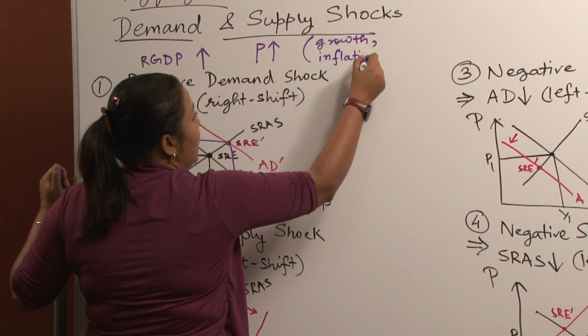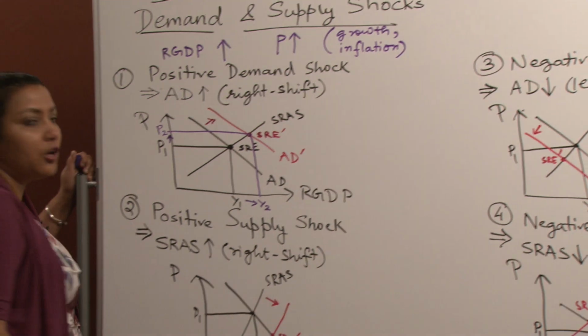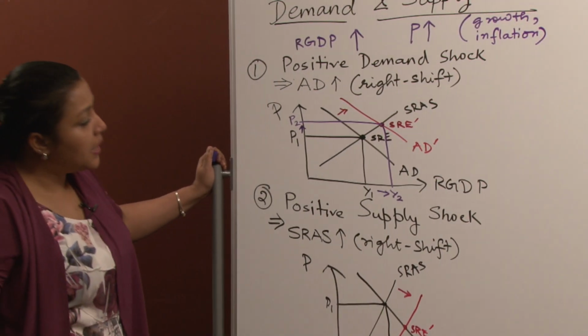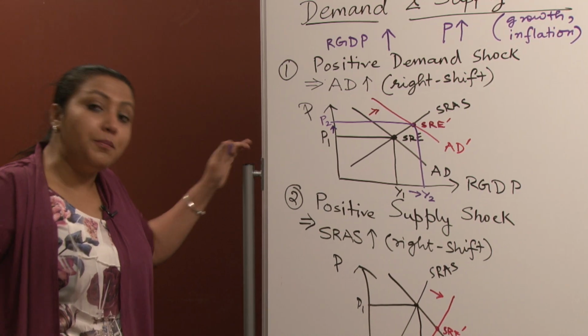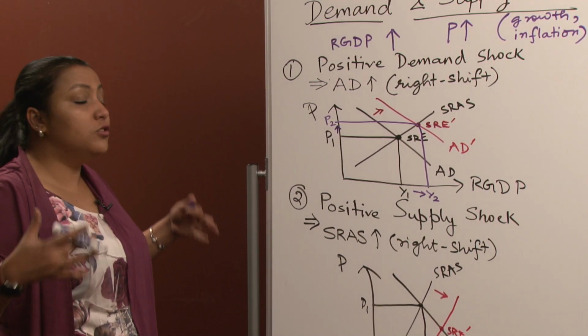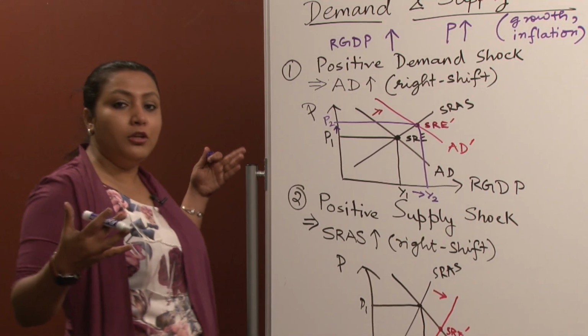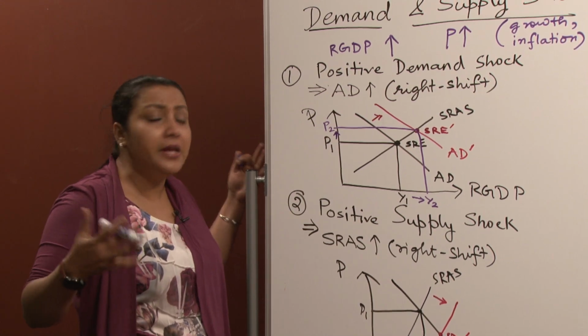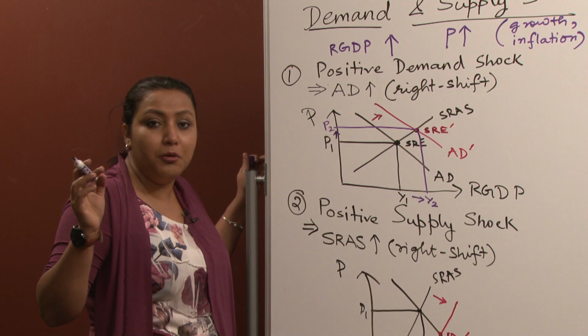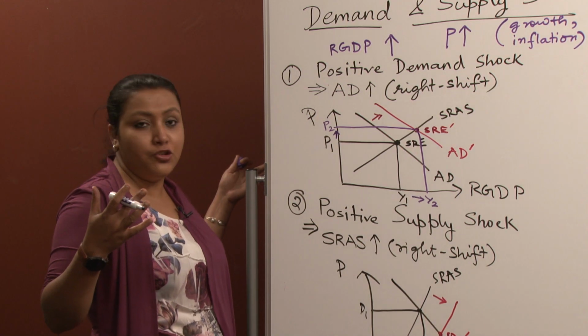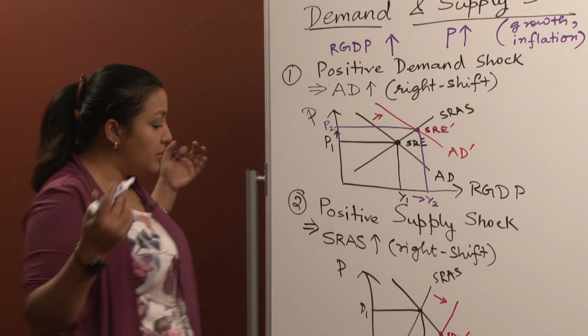So one good thing, one desirable thing is happening for the economy, which is growth, and something which is not as desirable, which is inflation. So it's a positive demand shock which is causing one desirable impact on the economy, increase in real GDP, and one apparently undesirable impact, which is inflation or an increase in the price index.